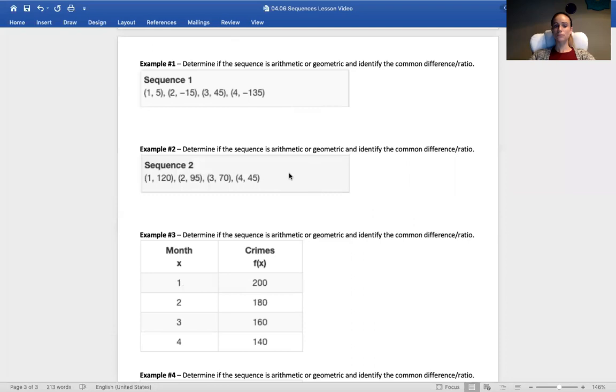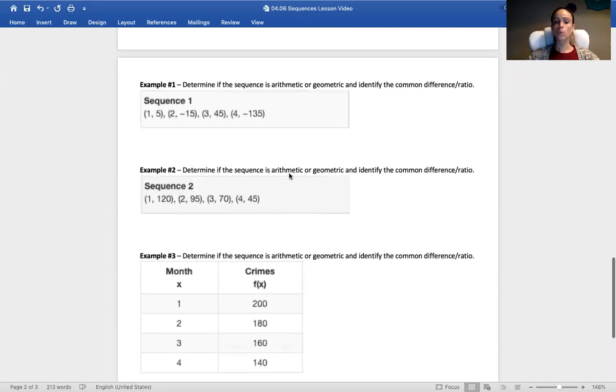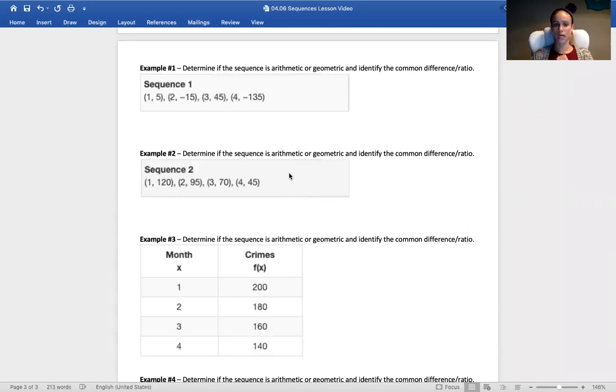All right. In the examples up above, we wrote our sequences just as a pattern. There are other ways you can write and represent a sequence. It can either be as an ordered pair, which is example 1 and 2, or as a table of values, example 3 and 4. What these do for us is it identifies the term number and the value, the input and the output.